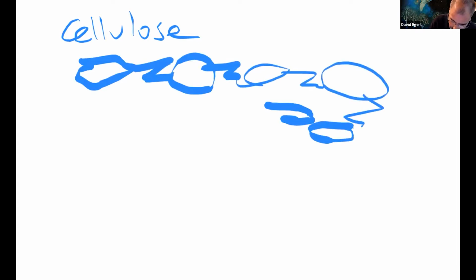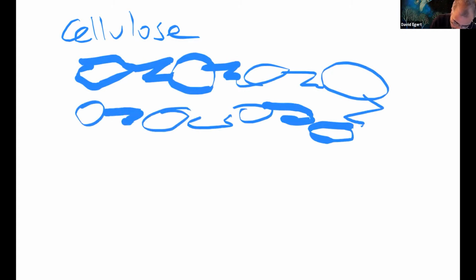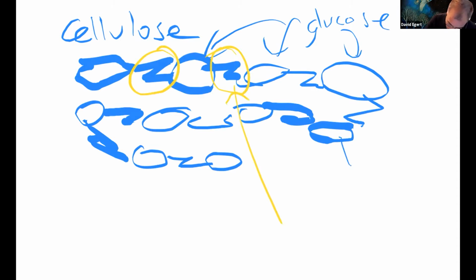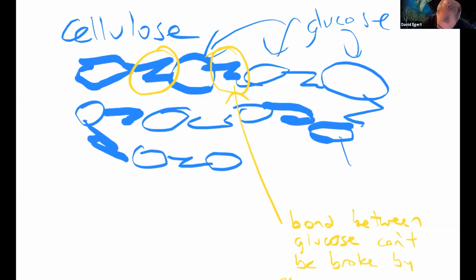It's kind of more tightly wound up, and these are still glucoses. But the big difference is this linkage here, this bond between the glucoses, can't be broken by enzymes that we have.